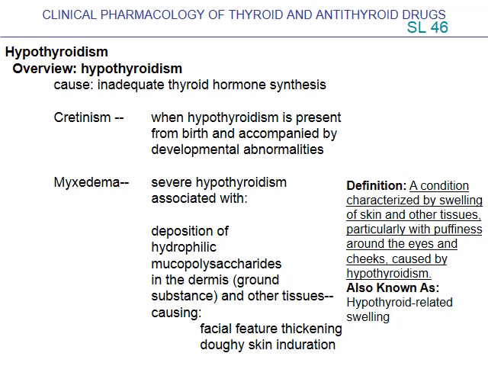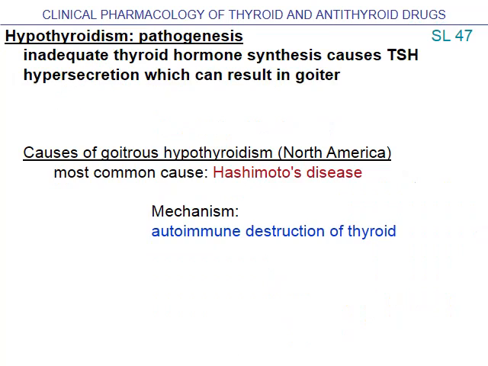Particularly, we worry about myxedema as a sign of hypothyroidism and the need to now go for treatment. There can be swelling of the skin and other tissues, usually shown off as puffiness around the eyes and cheeks. Sometimes this is called hypothyroid-related swelling. So these are some of the things that can be observed in the patient.